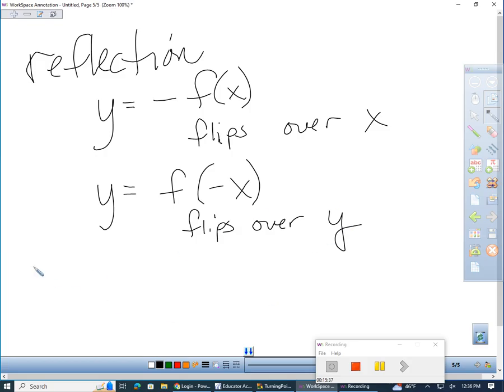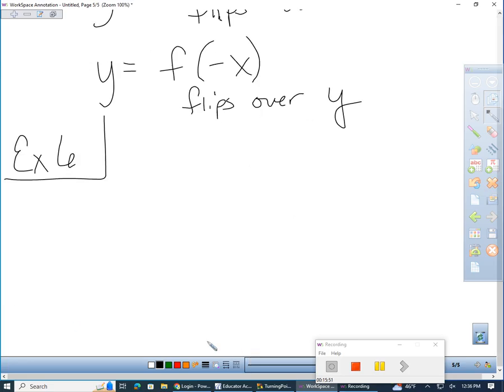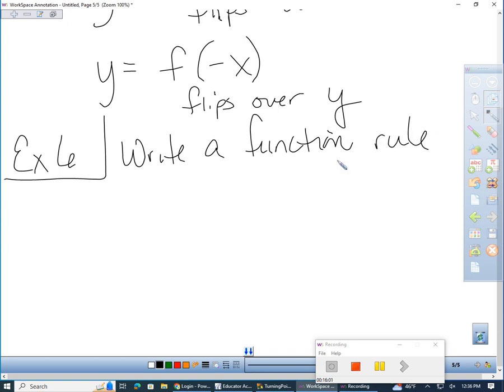All right, so here is example number 6. Write a function rule to represent the reflection.